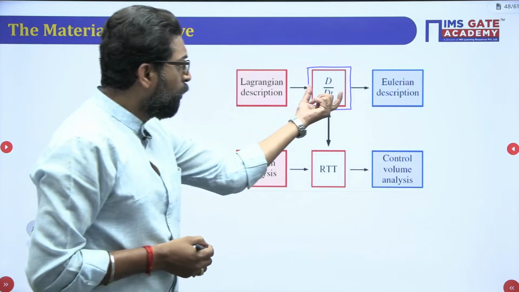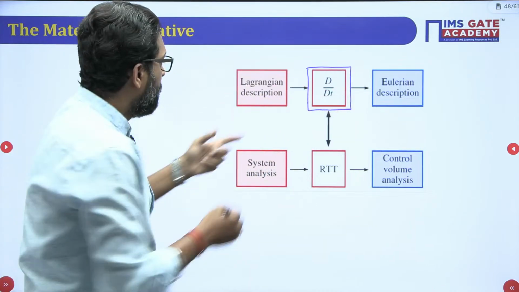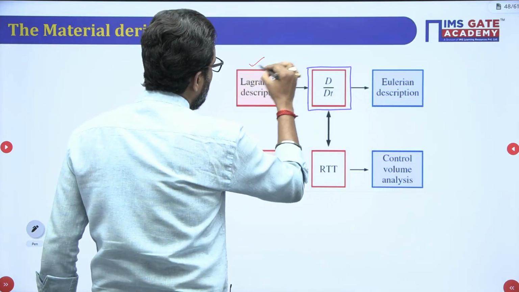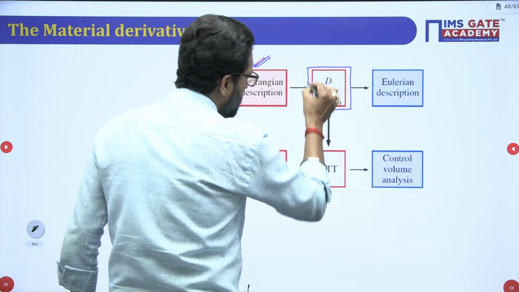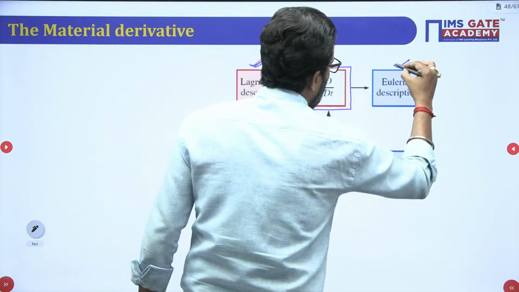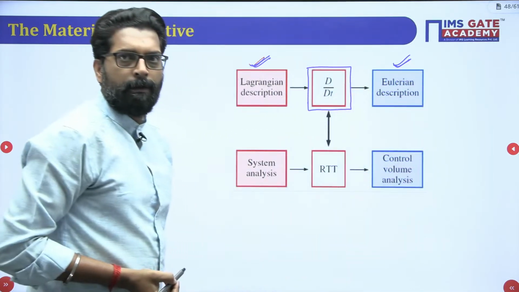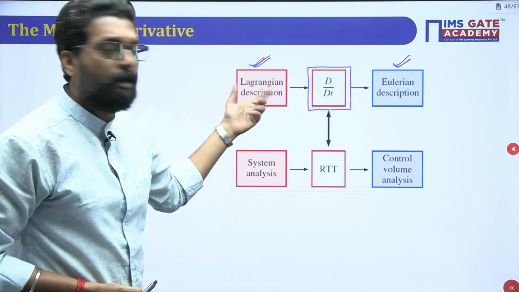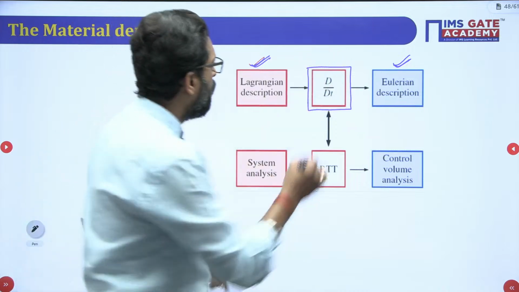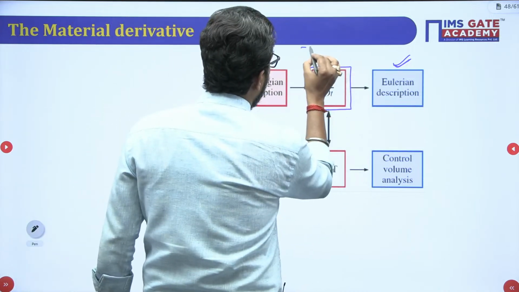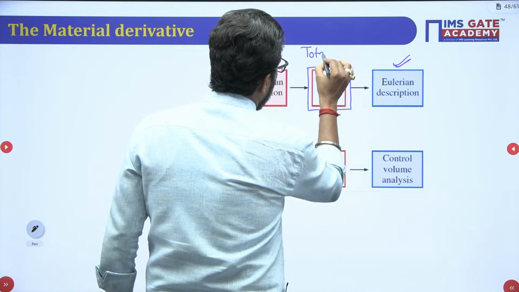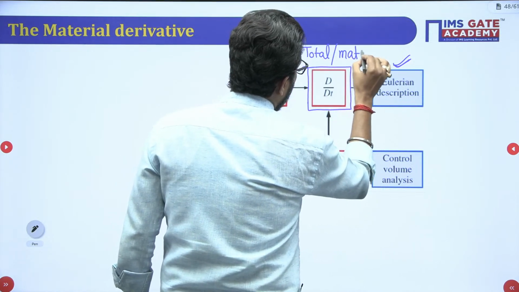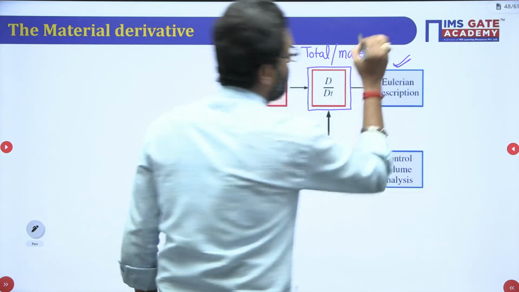And what does it do? If we have a Lagrangian description, due to this material derivative you can easily find the Eulerian description. And if you have an Eulerian description, you can easily find the Lagrangian description. So the material derivative is called the total derivative, total, material, substantial.